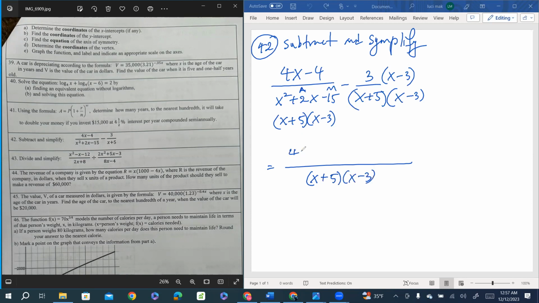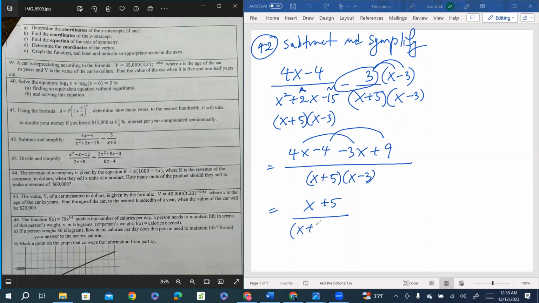On the numerator, we have 4x minus 4, and then you could distribute the -3 into this. You get -3x plus 9. Now combine the like terms. 4x minus 3x is x. -4 plus 9 is +5. Let me check that. It's x plus 5.